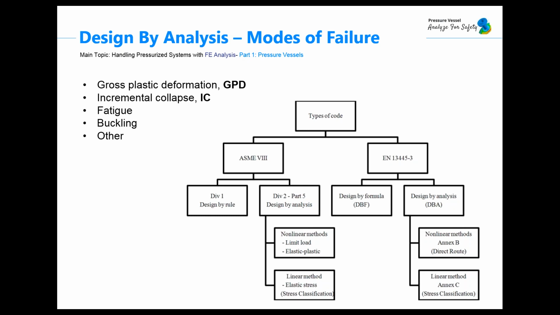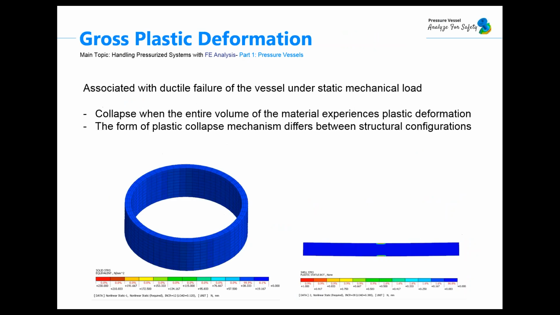So this method is also called stress classification method, and nonlinear methods assume nonlinear behavior of the material beyond the validity of Hooke's law. But for the moment I will skip this topic and we will come back to it later.